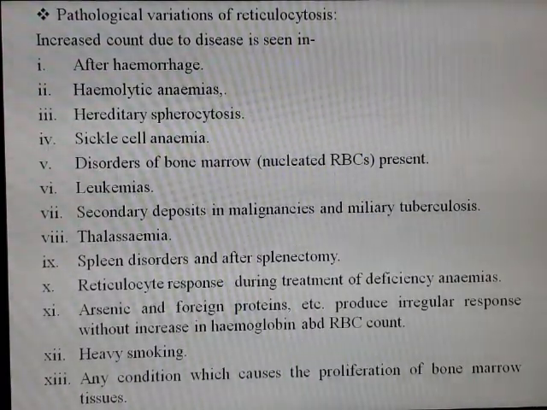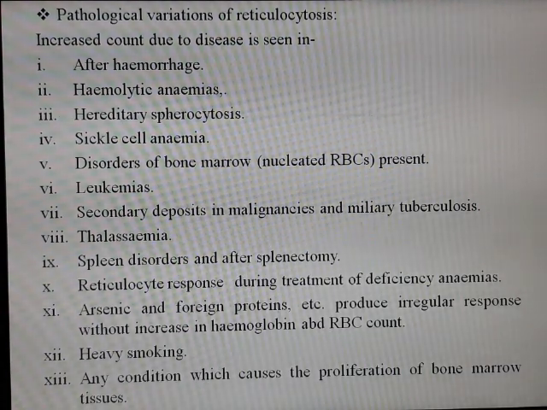Now, pathological variations: after hemorrhage, especially chronic hemorrhage, hemolytic anemias, basically chronic hemolytic anemias, hereditary spherocytosis, sickle cell anemias, disorders of bone marrow, leukemias, secondary deposits in malignancies, miliary tuberculosis, thalassemia, spleen disorders, also after spleen removal or splenectomy.